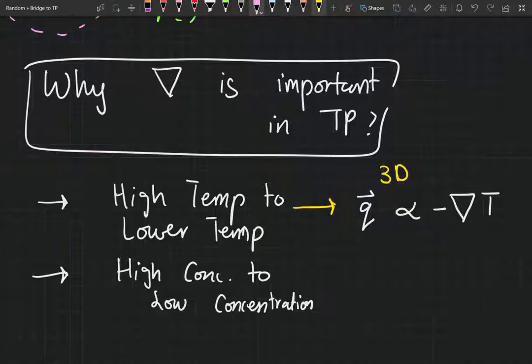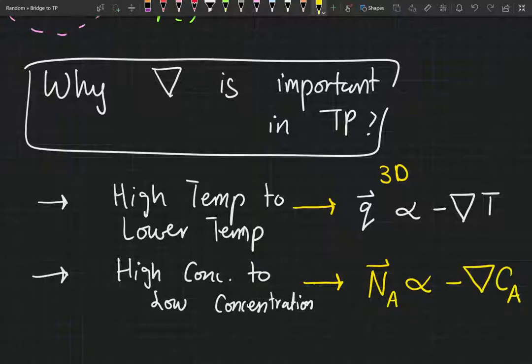Similarly, mass flux of a certain species is proportional to the negative gradient of the concentration of that species.